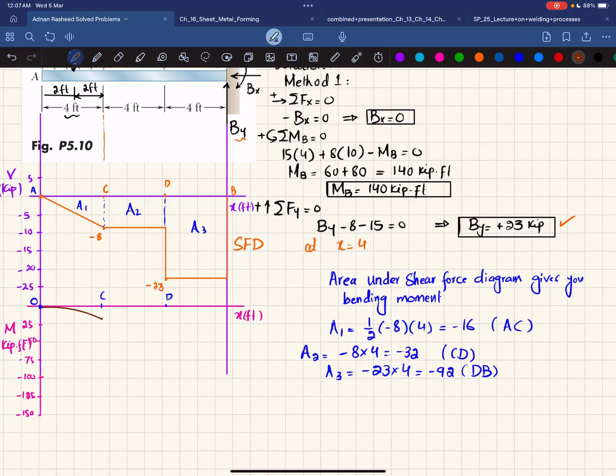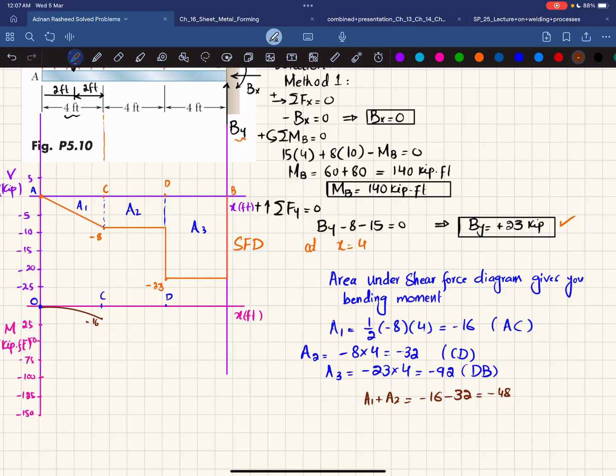Now the second area, this is minus 16 at this point. Now from region C to D, the area is minus 32, but at point D, we will have the total bending moment equal to A1 plus A2, and that is equal to minus 16 and minus 32, which is equal to minus 48.